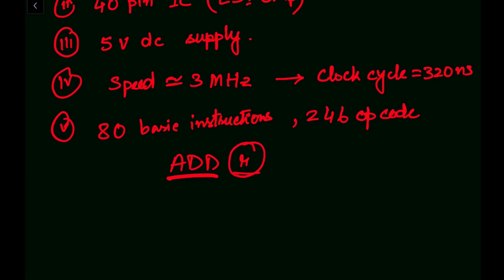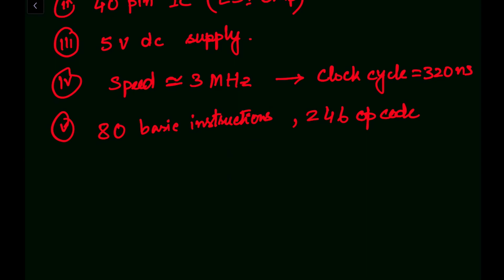If no register is given, then the content of the accumulator is used. In the 8085 processor, any arithmetic or logical operation has to be performed using the accumulator content.